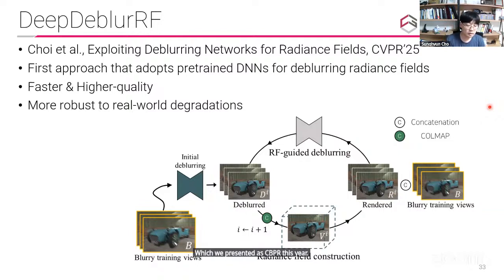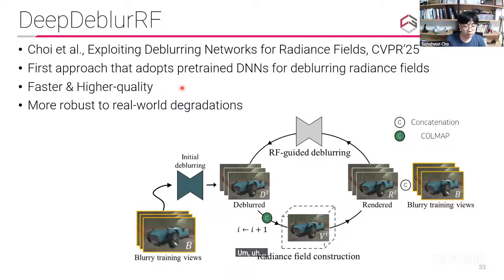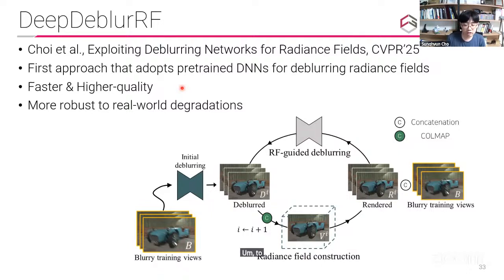Our method is the first approach that adopts pre-trained DNNs for deblurring radiance fields. And thanks to that, it performs really quickly, it is able to produce really high quality results, and it is also very robust to real world degradations.